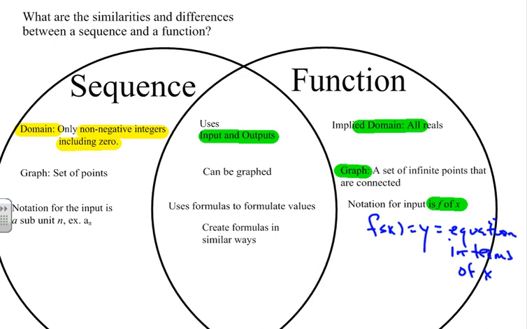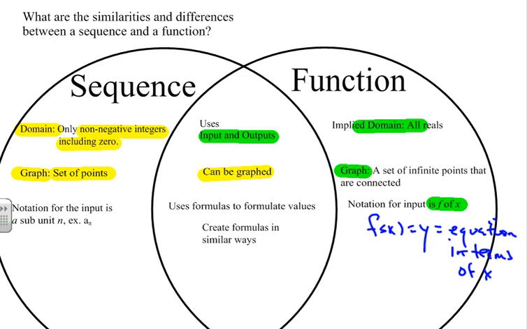So we cannot plug in all real numbers. We only can plug in non-negative integers, like 1, 2, 3, 4, 5, whole numbers. The other thing is that sequences can also be graphed, but instead of having connected points, we just have points. That's it.